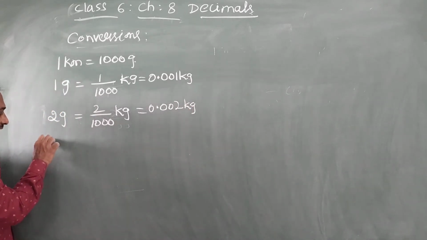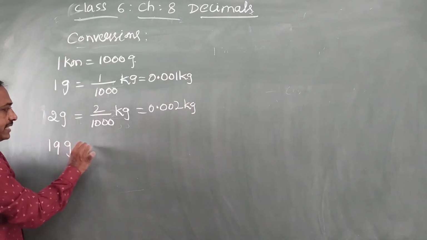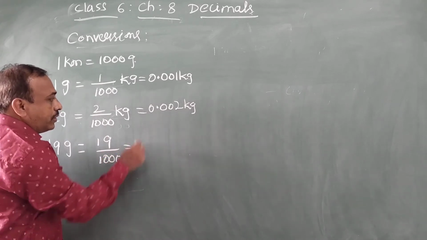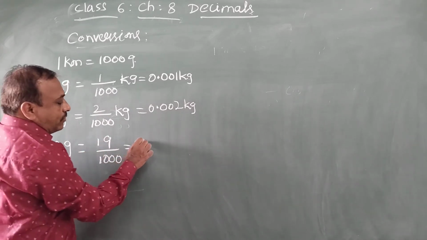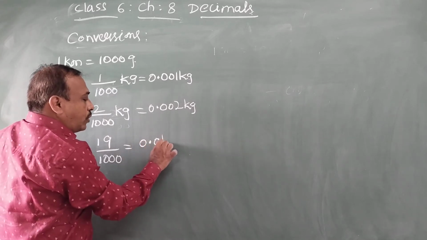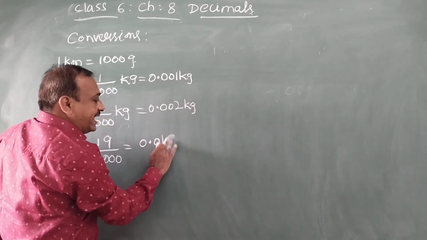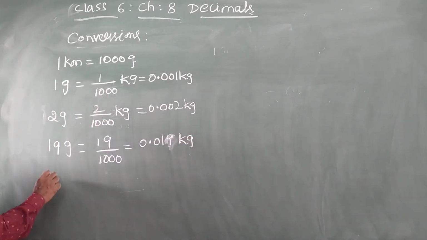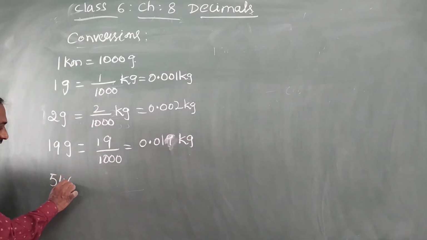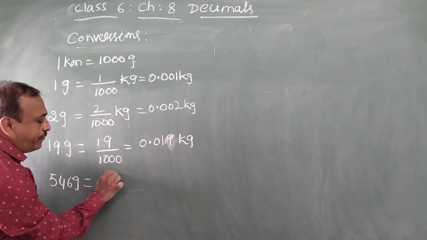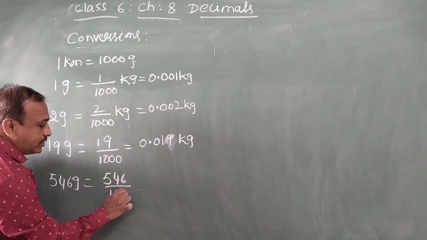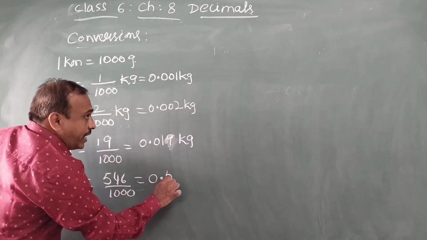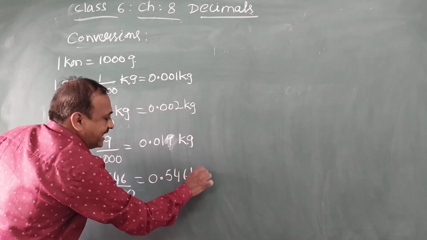Then if you write 19 grams, then 19 by 1000 is equal to 0.019 kg. If you write 546 grams, then 546 by 1000, which we write as 0.546 kg.